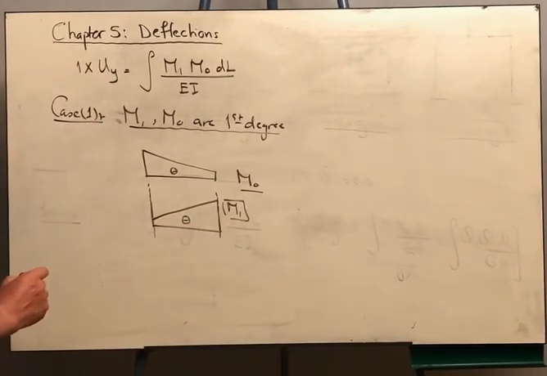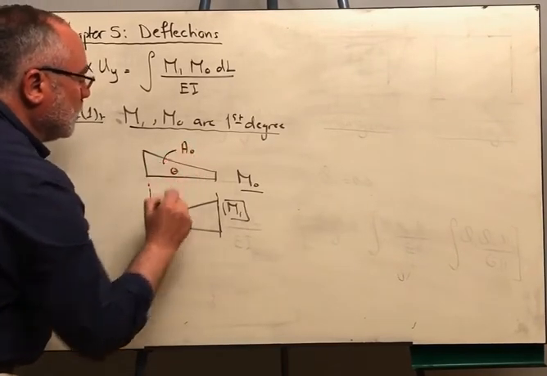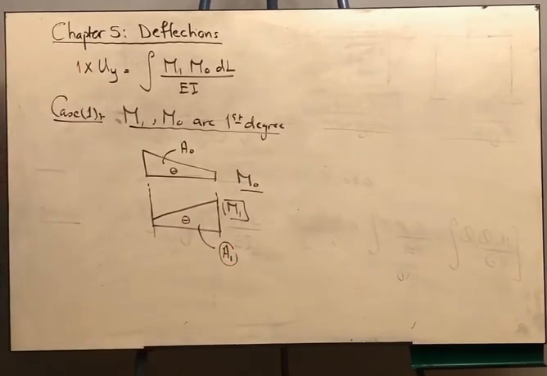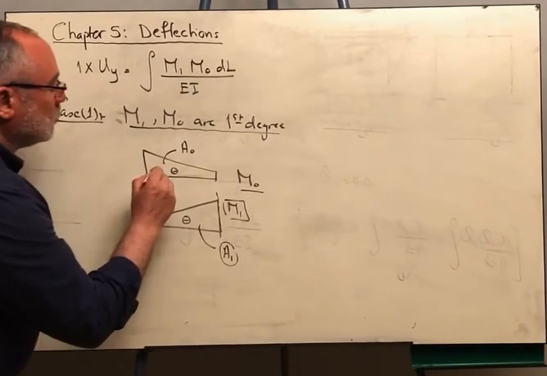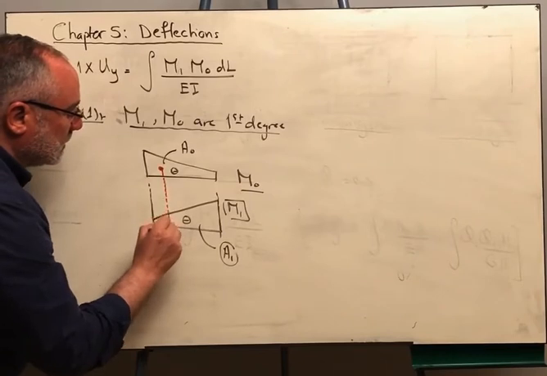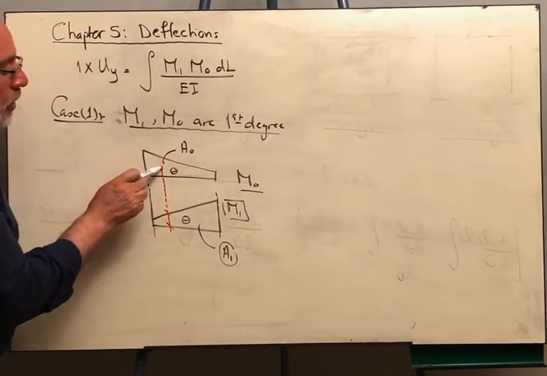Okay? Now we are going to get the area of this diagram A naught and the area of this diagram A1. And then we are going to get the centroid of this area and get the corresponding ordinate here. So how are we going to get the centroid?